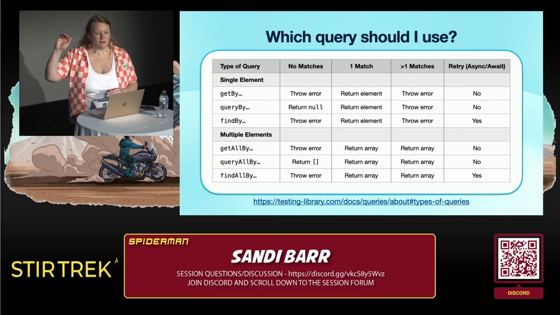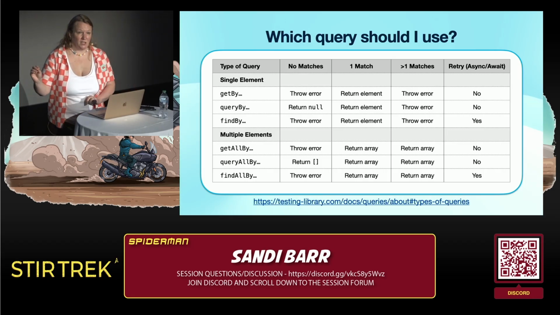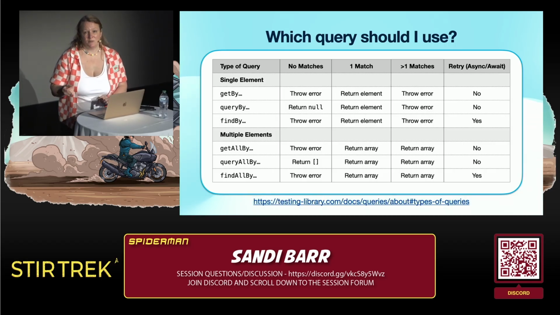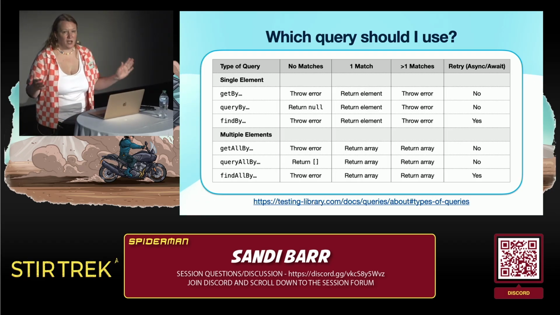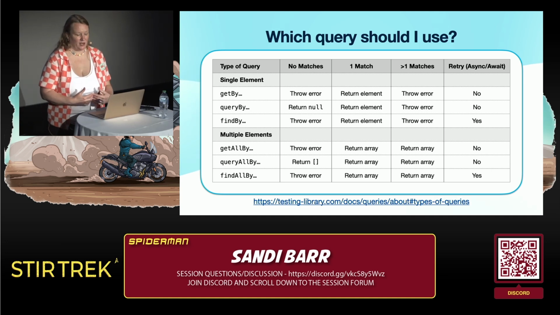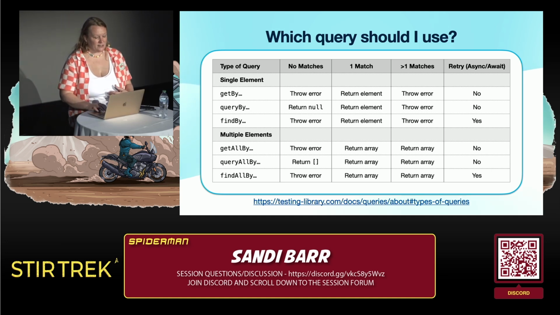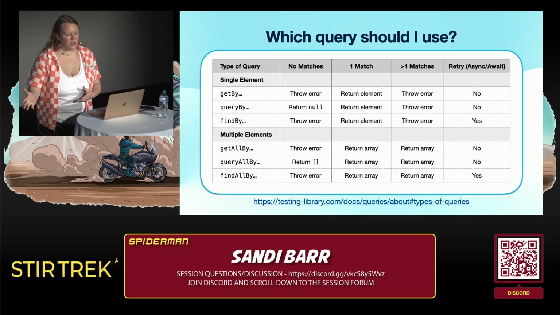And then there are the get, query, and find query types, the difference being that get will actually throw an error if the query doesn't find any matching elements, and that error is really helpful to help you track down why it's not finding the element, so you really want to see that feedback in the error if you're getting it. Whereas the query will return null if there are no matching elements found.